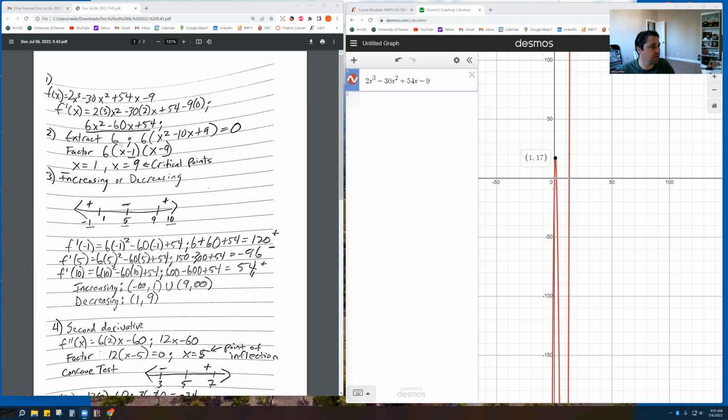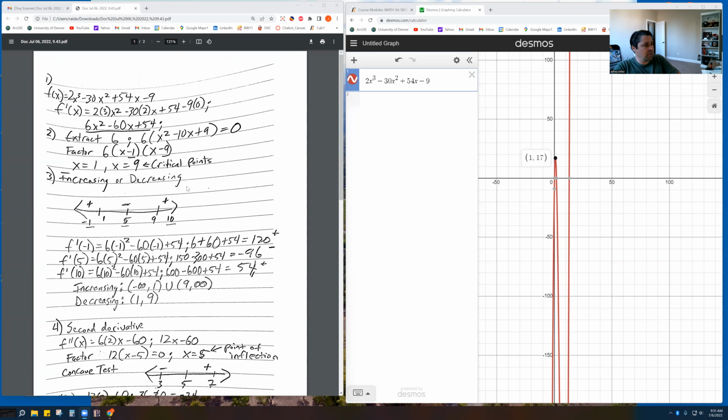This formula works out quite nicely because you can extract 6 from everything, giving us 6 times (x^2 - 10x + 9), and then factor even further to get 6(x - 1)(x - 9). If we set these equal to 0, we end up with critical points at x = 1 and x = 9.